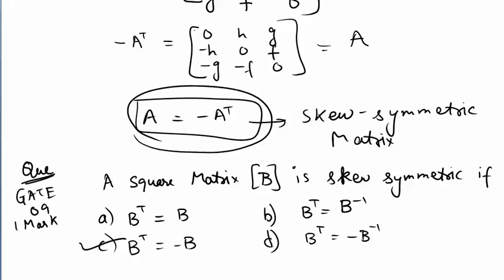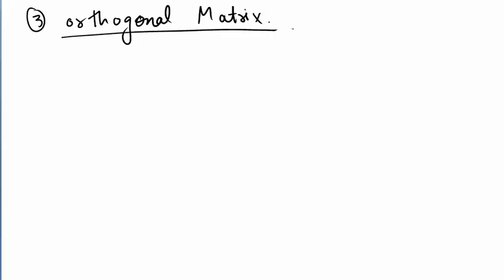Okay, third one. First we discussed symmetric, then skew symmetric, and the third one in the real matrix we will discuss is called the orthogonal matrix. What is an orthogonal matrix? It's very simple.